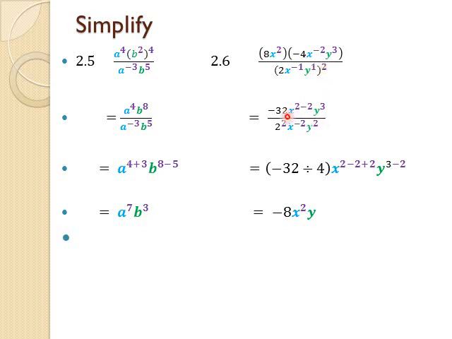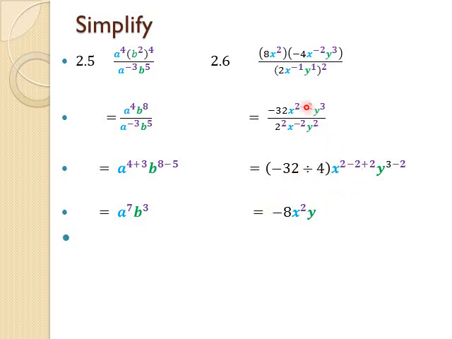So if I simplify now, I have minus 32. 2 squared is, what's 2 squared? Alright, so 2 squared there gives me 4. So negative 32 divided by 4. There, 2 minus 2 minus negative 2 becomes 2 minus 2 plus 2.